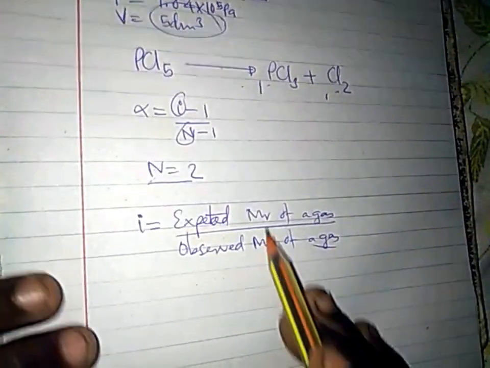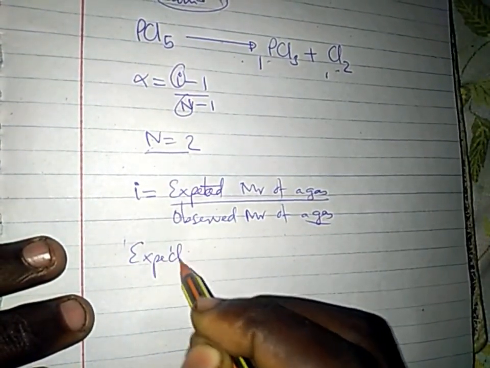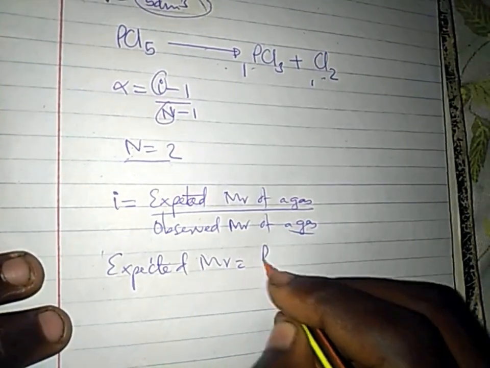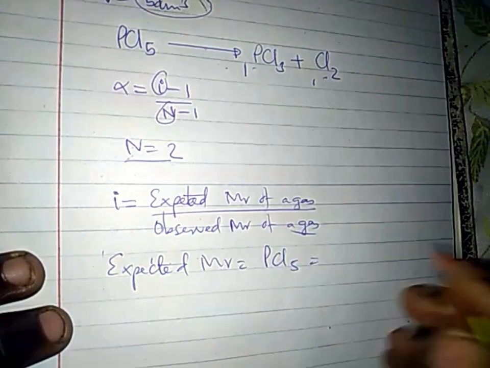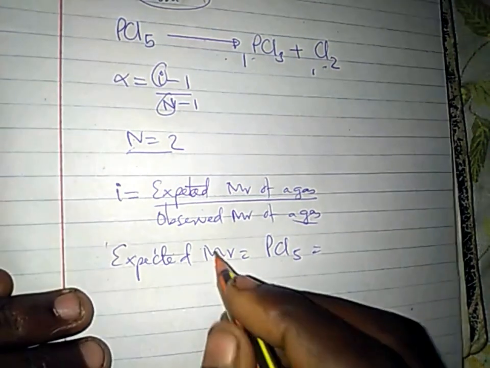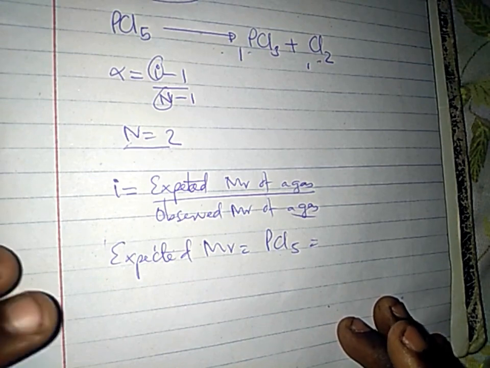Now the expected molar mass of a gas means the molar mass of phosphorus pentachloride, so that can be calculated. Our task is to calculate the observed one, because the expected is the one calculated from the normal formula of the gas.